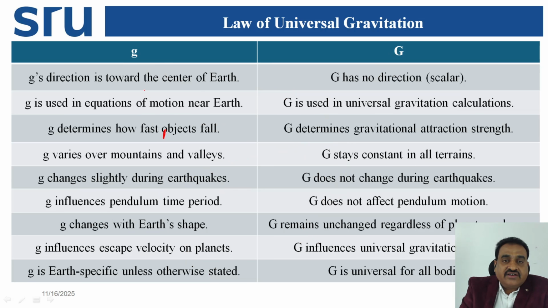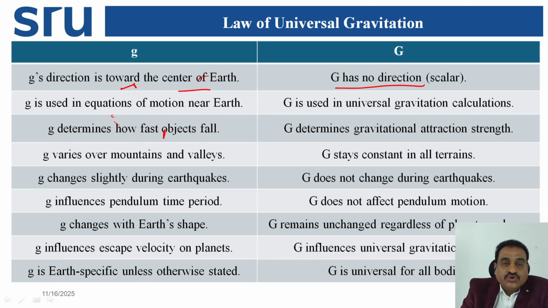You can see another distinction here. Small g's direction is towards the center of the Earth. Capital G has no direction because it is a scalar quantity.